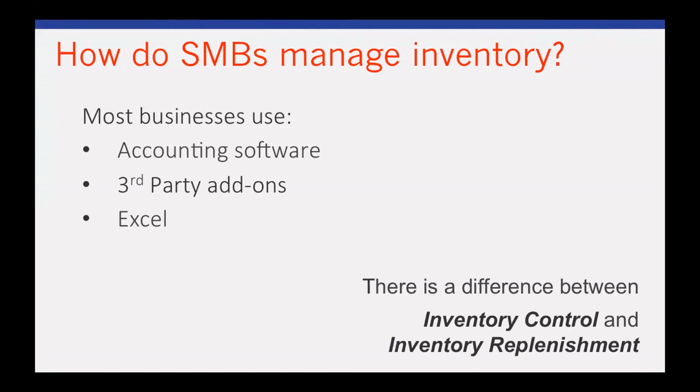Certainly to some degree or to great degree in many cases, they're making strong use and leveraging their ERP software or accounting software, depending on the size of the company, what sort of applications they've deployed. Also not uncommon to see third-party add-on applications that are geared towards and integrate with those accounting and ERP applications. But also often, again, spreadsheets, and Excel being the dominant one, of course, also play a critical role.